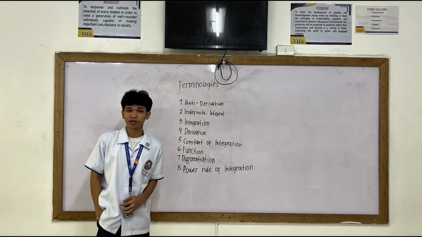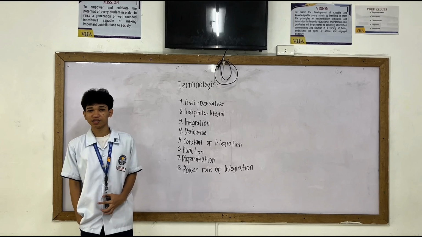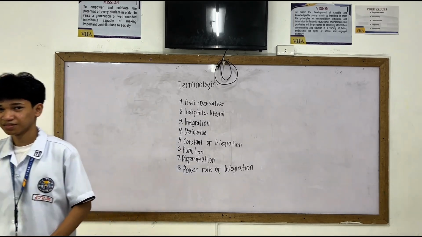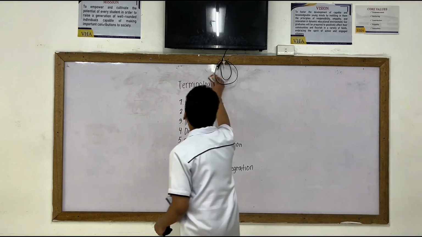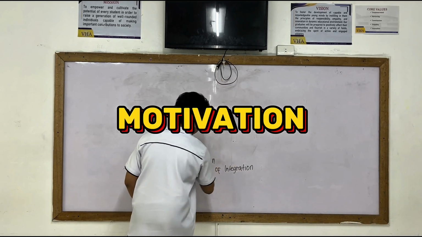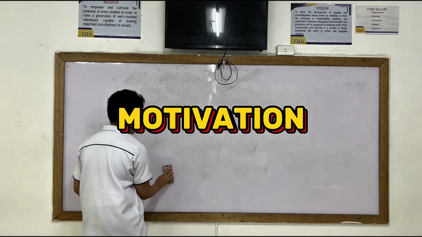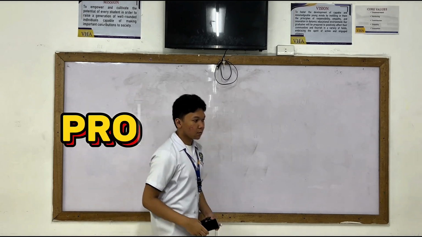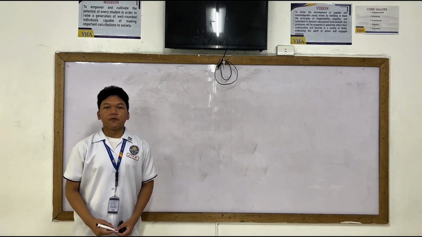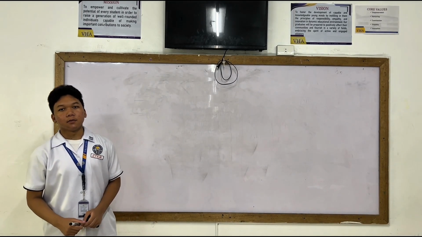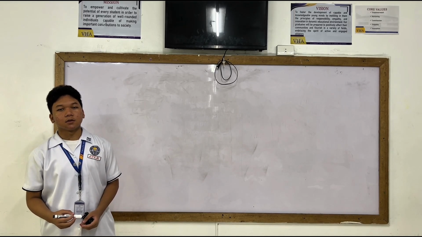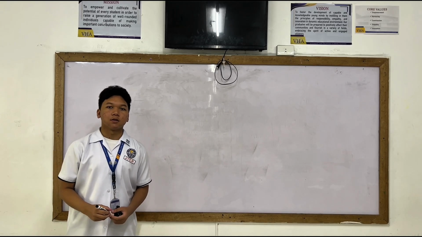Now we're done with the terminologies. Let's proceed to lecture number 3 to discuss the motivation. Before we head along and learn more about antiderivatives, let's first have a recall on how to derive a function.